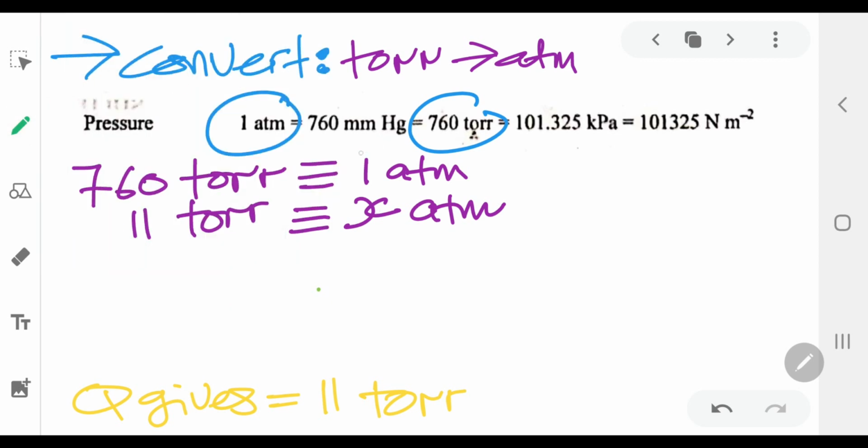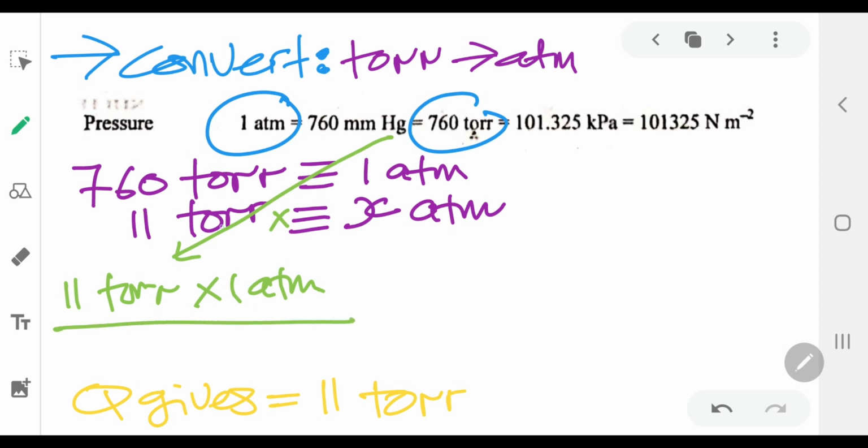So again, we're going to do cross multiplication. So you have 11 torr times 1 ATM, divided by 760 torr.